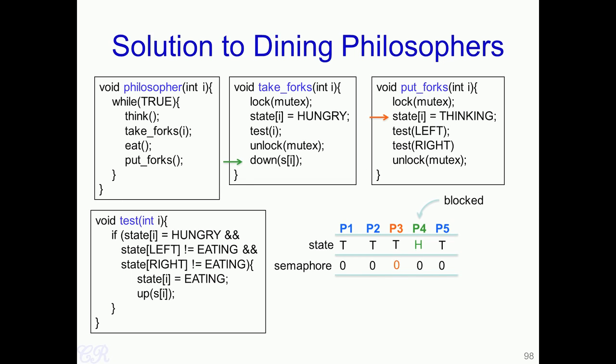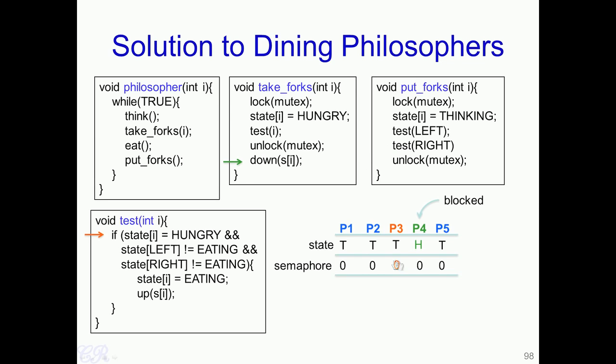Then it would invoke test with the left philosopher. This is with respect to P2, which in our case is not very interesting, so we will not look at that, but what is interesting is the test of right, and the right here corresponds to P4.